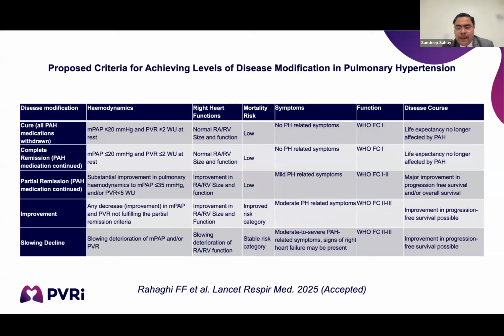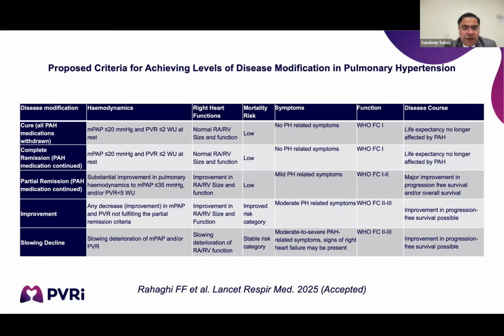This is the proposed table where we are talking about what a cure in PH could look like, what a complete remission may look like, and what a partial remission may look like. Again, this is based on the scientific data, but then experts weighed in on what we believe a complete or partial remission should look like.